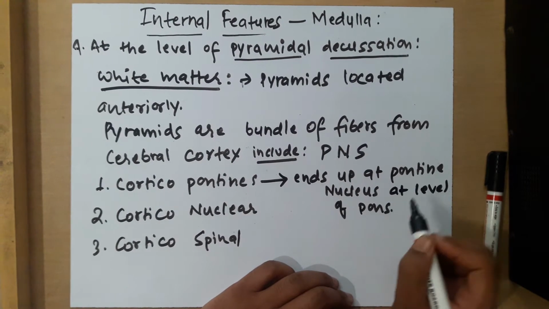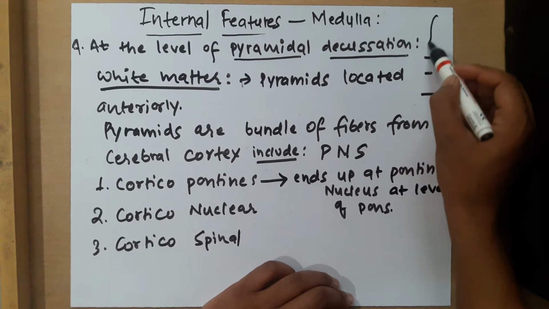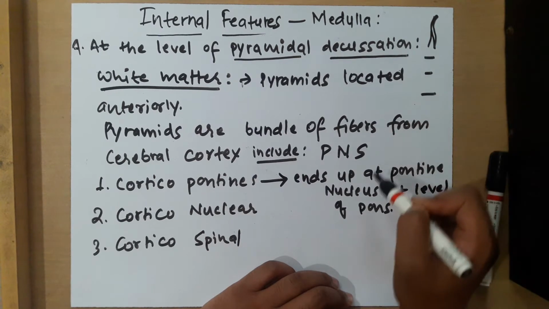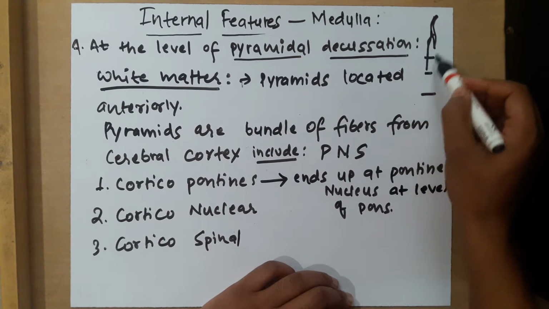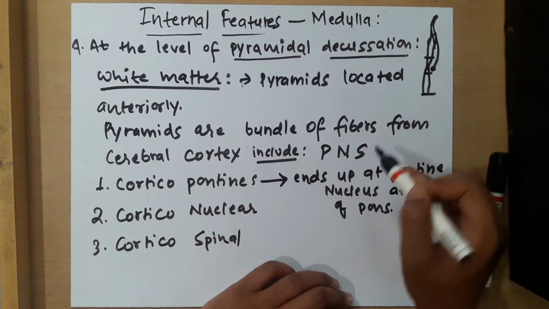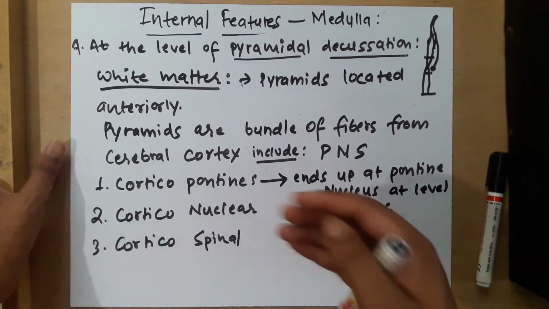So obviously midbrain, pons, and then comes medulla. The three fibers are coming towards the medulla, but one of them ends at the pontine nucleus in the pons, and the rest two come towards the medulla, and they form the pyramids.